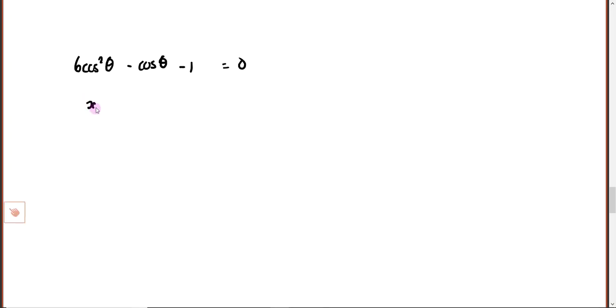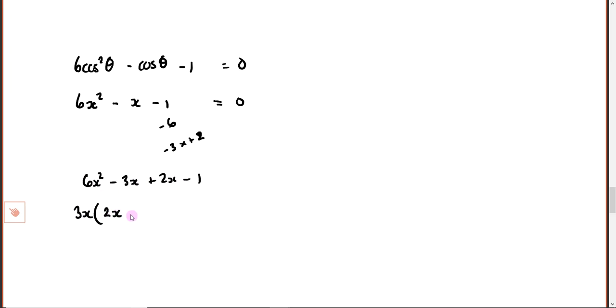Okay, so you've got 6x squared minus x minus 1. So you've got minus 6, so that's positive 2. So you've got 6x squared minus 3x plus 2x minus 1. Yeah. So that's 3x, 2x minus 1 plus 1 lot of 2x minus 1. So then that's 3x plus 1 and 2x minus 1 equals 0.